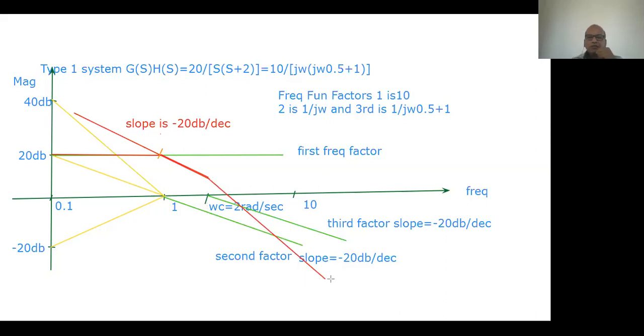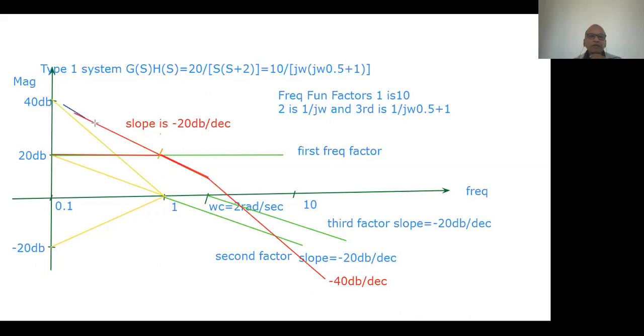What is the slope of this red line? Slope of this red line is minus 40 dB per decade. Now the resultant asymptotic magnitude Bode plot, I will draw with the dark blue color.